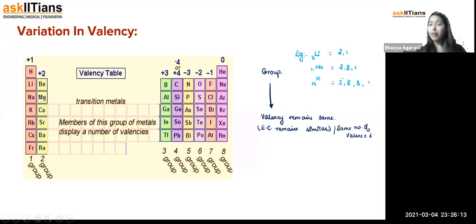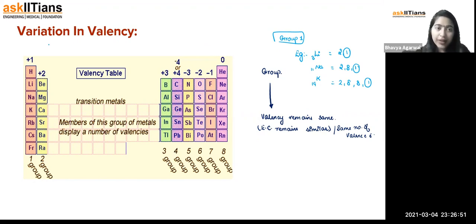They all belong to the same group, that is group 1 elements. Their valence electron is 1, so their valency will also be 1. So all elements lying in the same group will always have the same valency.